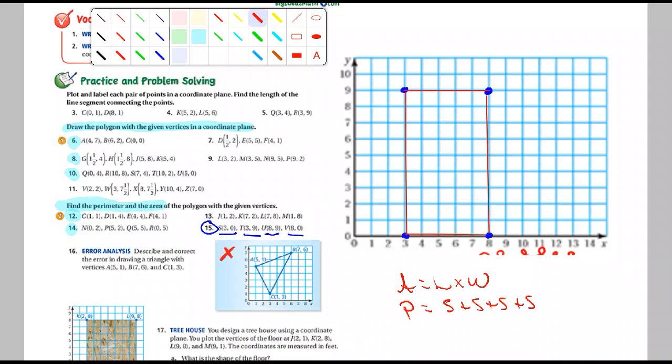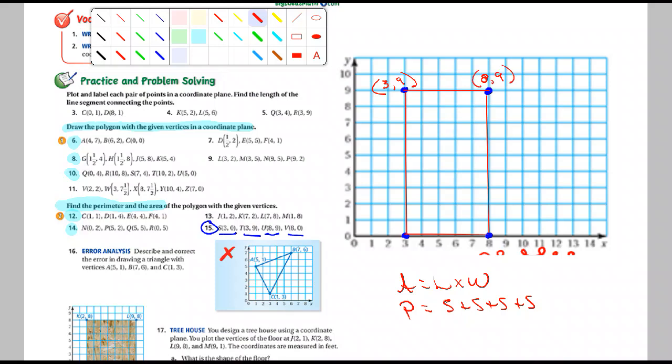But let's count this side right here. And let me write down the coordinates here. So this is 3, 9. And this is 8, 9.